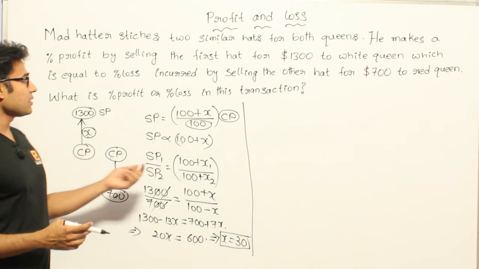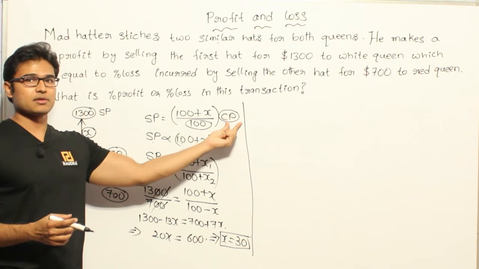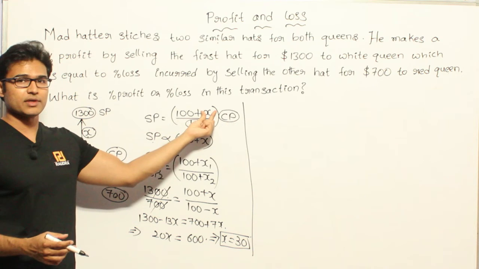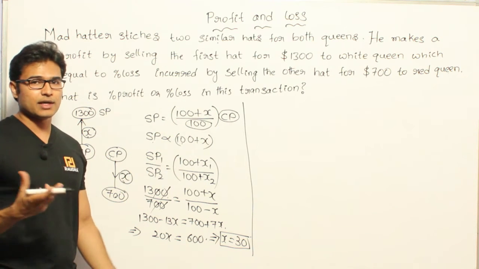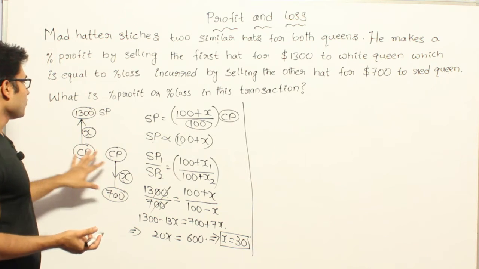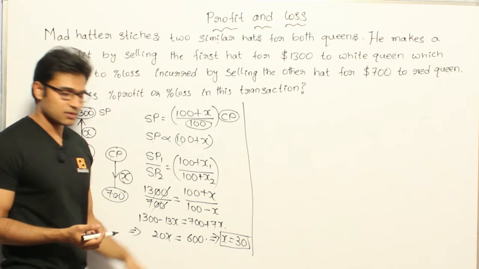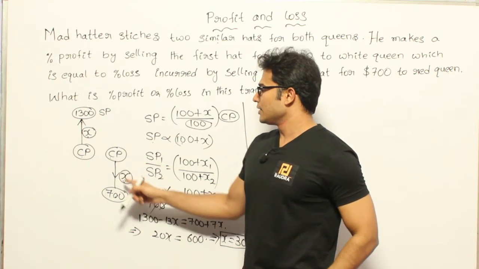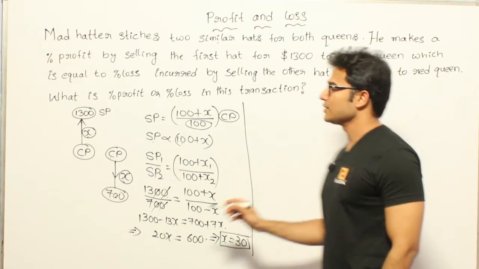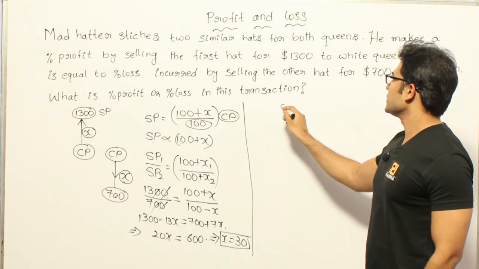If you understand that the cost price is constant, you can find the value of X from there. In case you are not able to find it, the other method that directly comes to mind is finding the cost price. They have clearly mentioned that the percentage profit is equal to percentage loss.